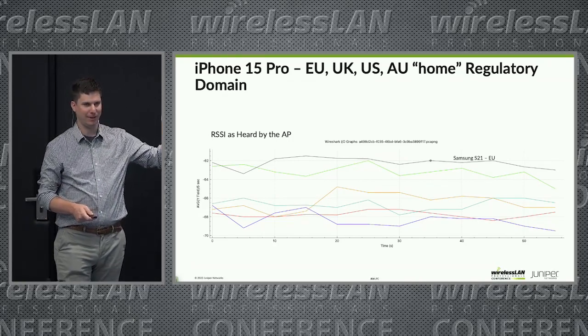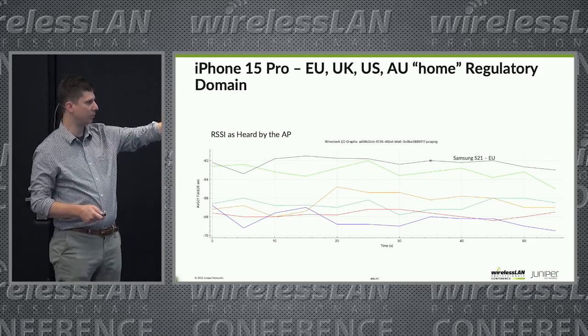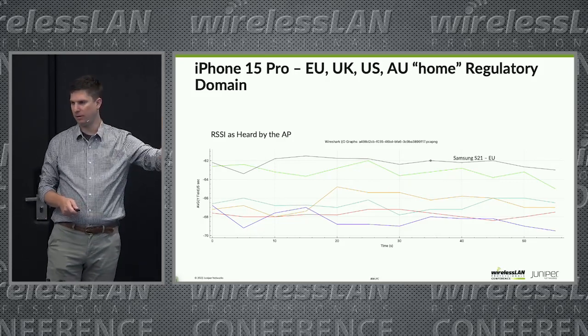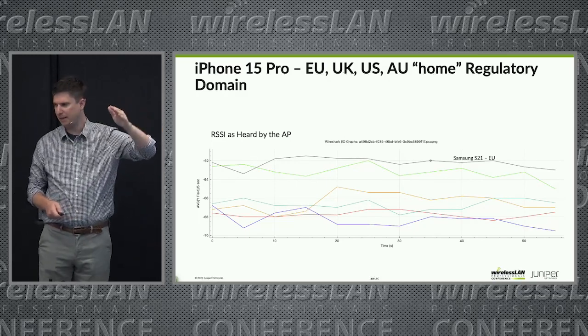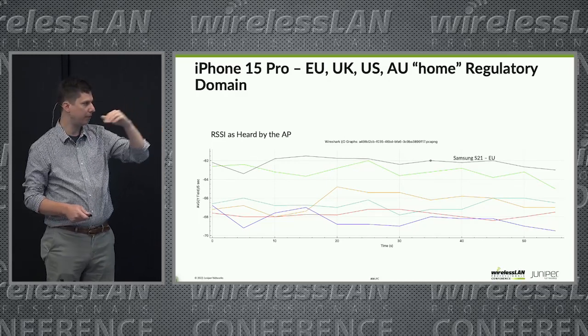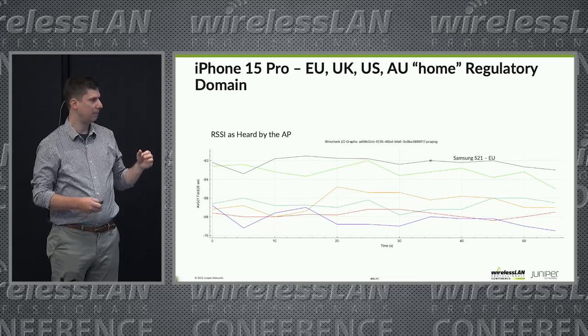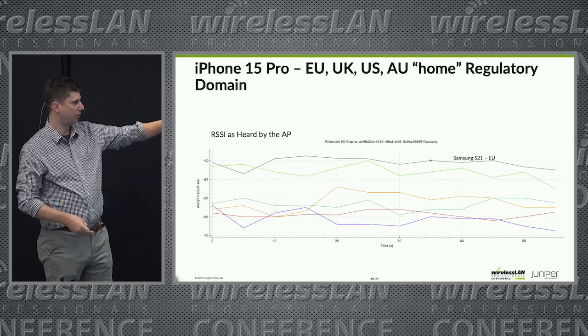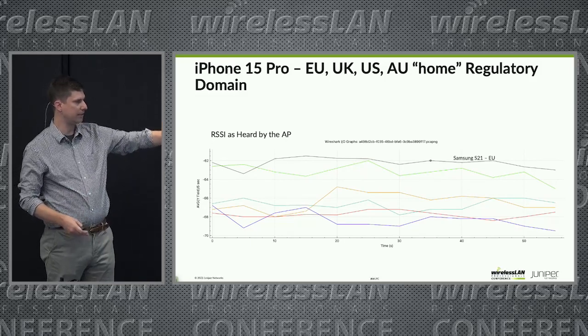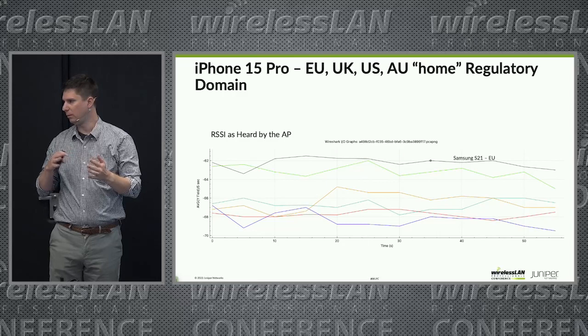What I take away from here is, the black line is the S21, the colored lines are iPhone 15 Pros. There's one client in here that's kind of anomalous that has maybe a couple dB higher transmit power than the rest. That could have just been positioning, we didn't collect a lot of data points. But the other 4 devices are within a dB or 2 dB of each other.